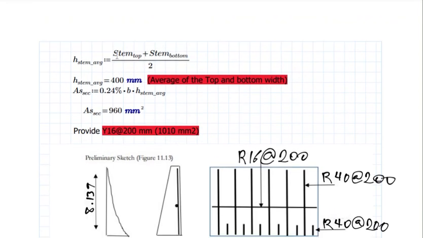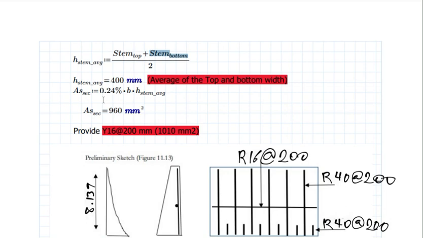Remember, our stem at the top is 300 mm and the bottom is 500 mm. We are going to add them and divide by 2. 300 plus 500 is 800, divided by 2, you have 400, which is the average thickness of the stem slab.